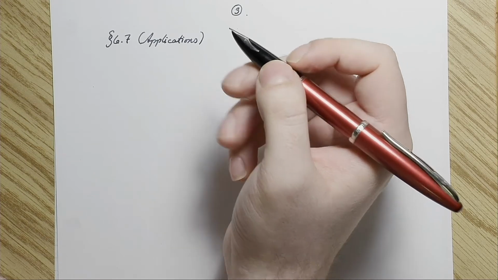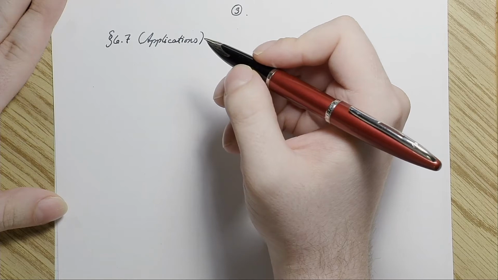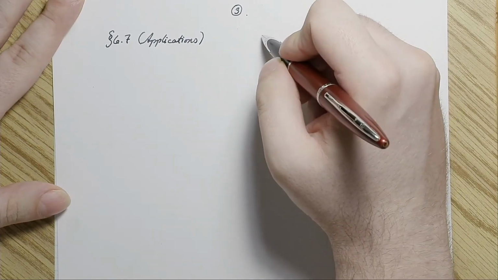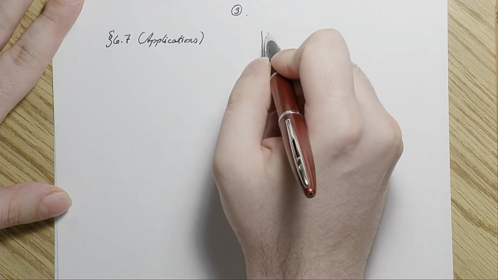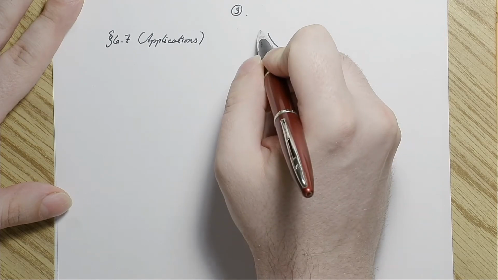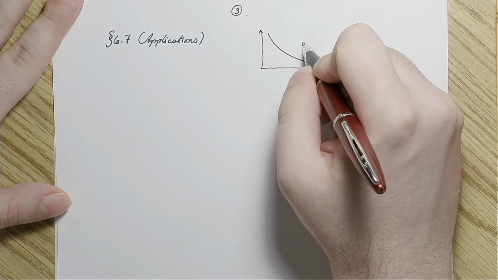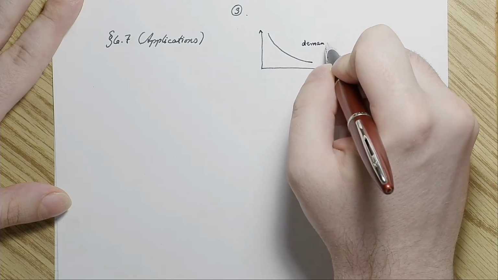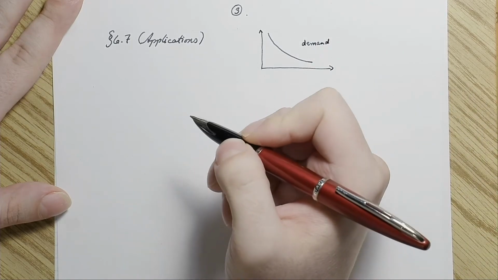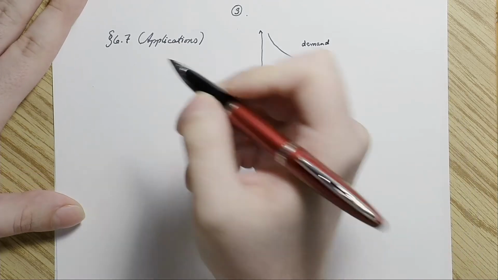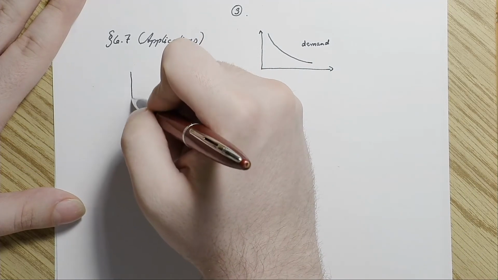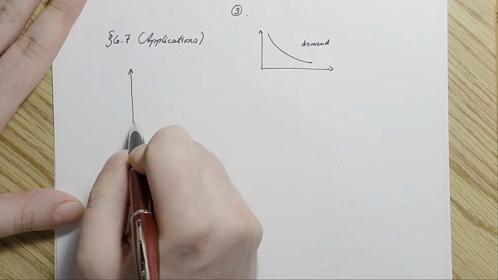Before, we saw demand curves. So here is something like a demand curve. And the other corresponding one that we have is a supply curve. So we'll look at a supply curve.